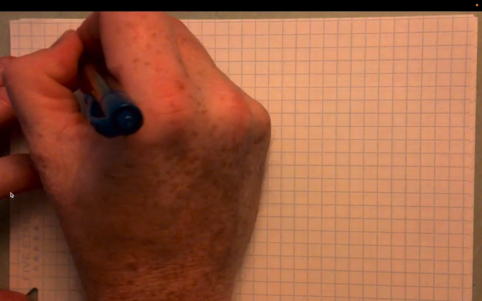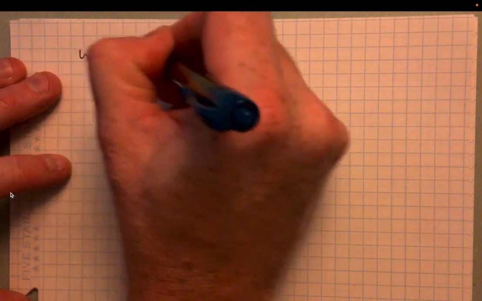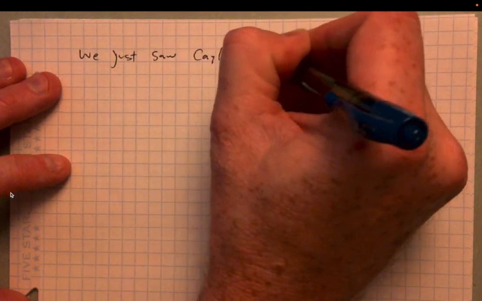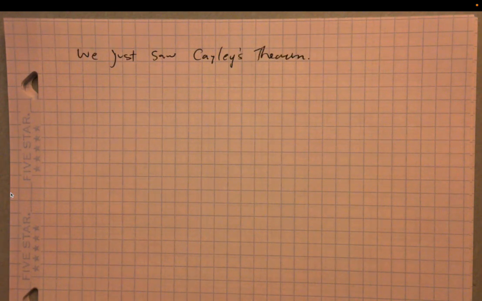So we had just finished with Cayley's theorem, right? Cayley's theorem is a powerful theorem that said that for any group that you can think of, is going to be isomorphic to some permutation group.